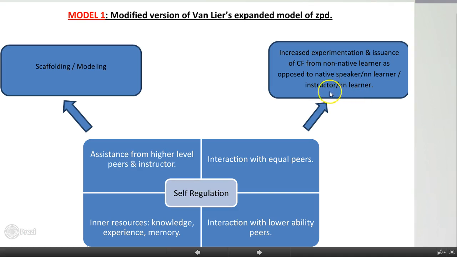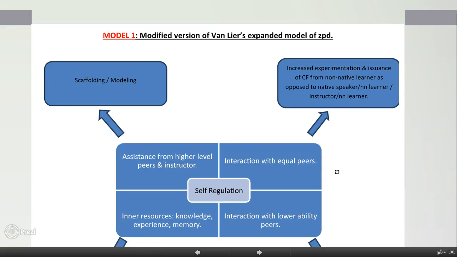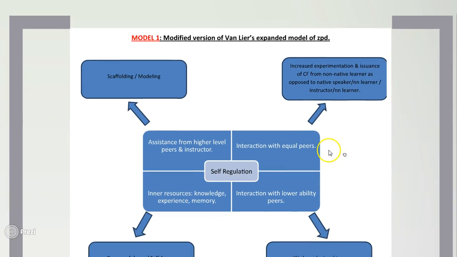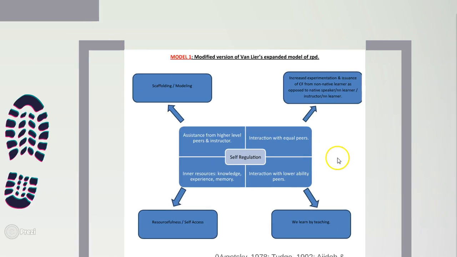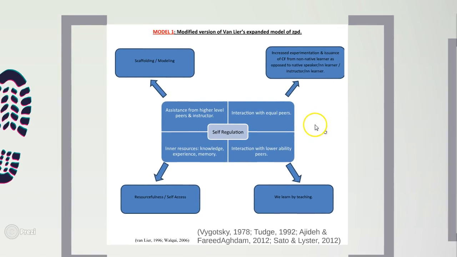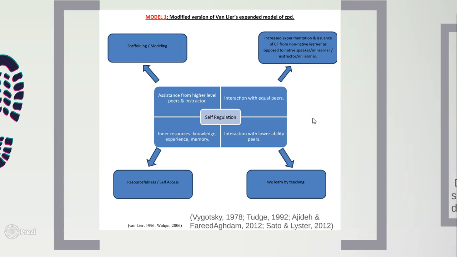So it is good to pair students together, and perhaps it would be beneficial to give them some training in how to deliver useful corrective feedback, because they already feel a little more comfortable interacting with each other as non-natives to the language, as opposed to interacting with the teacher or someone who's a native speaker.